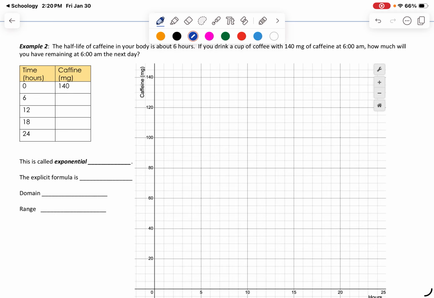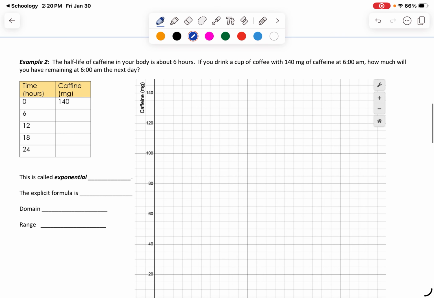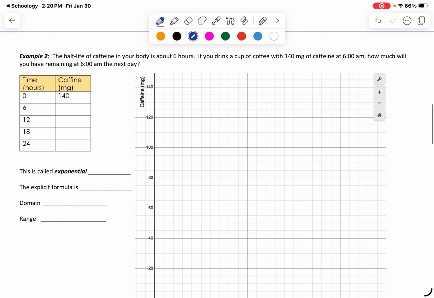Next one, we have the half-life of caffeine in your body is about 6 hours. If you drink a cup of coffee with 140 milligrams of caffeine at 6 a.m., how much will you have remaining at 6 a.m. the next day? So 24 hours later. So half-life means that is the time that passes where only half is left. So it's saying the half-life is 6 hours. So after 6 hours, half of this is left.